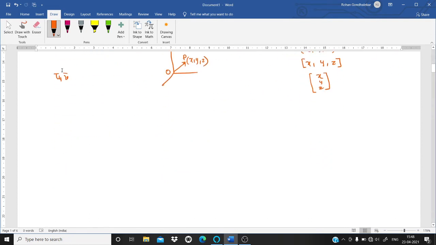Next, we studied the algebra of the vectors. That is the addition of two vectors.